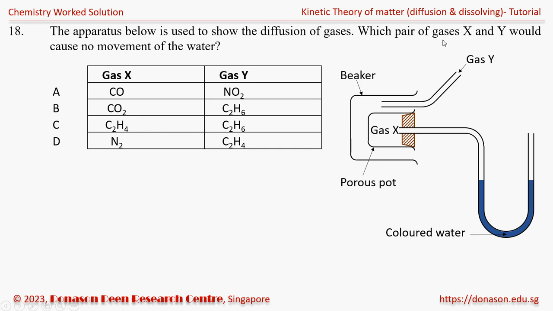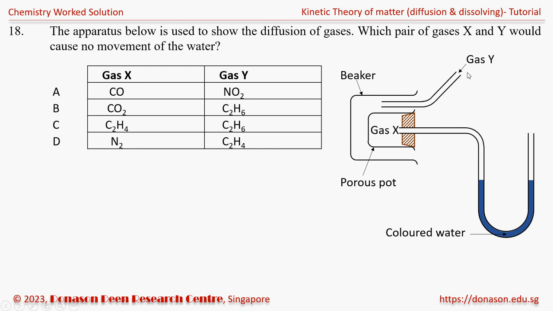The question is asking which pair of gases would cause no movement of water. Of course, for no movement of water in this manometer tube or U-tube, the rate of diffusion of gas X and the rate of diffusion of gas Y into the pot must be equal.